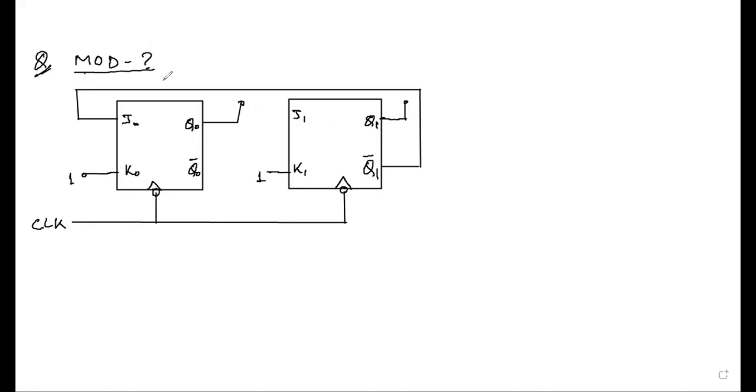Okay, one thing I have missed: Q0 is connected with J1. Q0 is connected with J1. Yes, anybody?